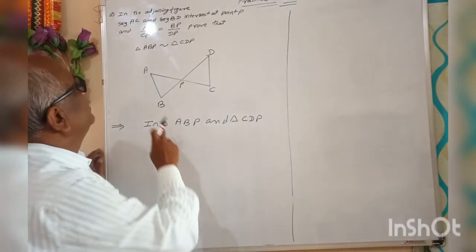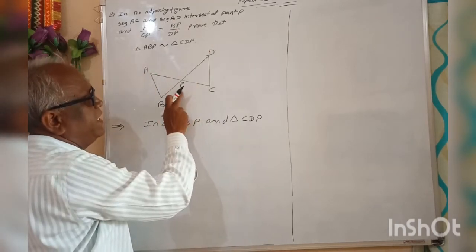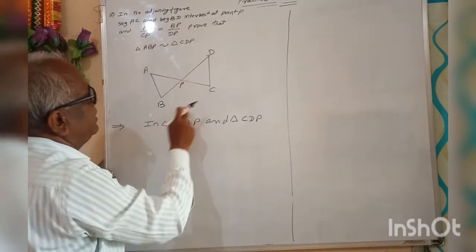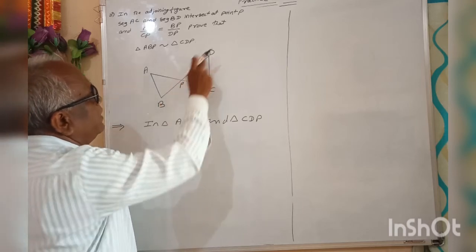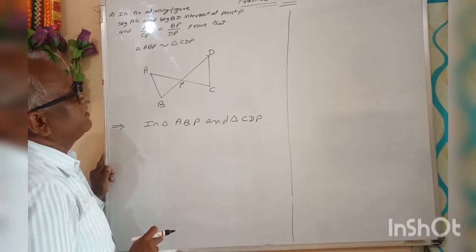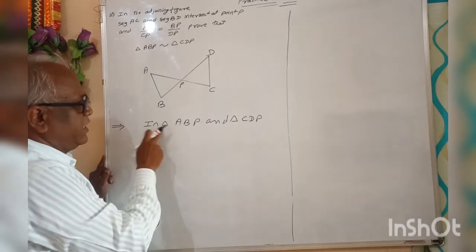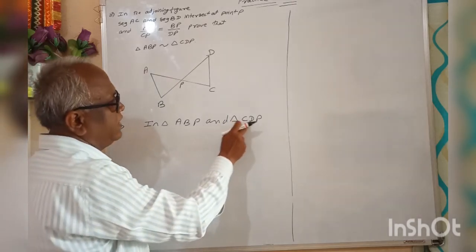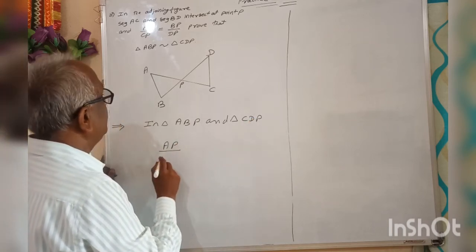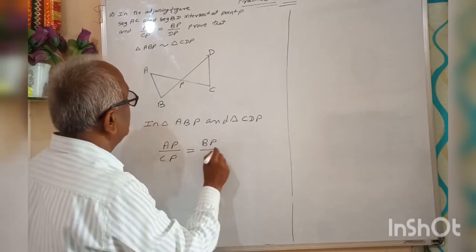Now, eighth example. In the adjoining figure, segment AC and segment BD are intersecting at a point P, and AP upon CP is equal to BP upon DP. Then prove that triangle ABP is similar to the triangle CDP. Solution. In triangle ABP and triangle CDP, it is given that AP upon CP is equal to PB upon DP.